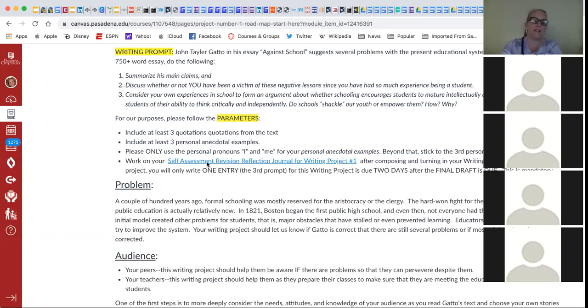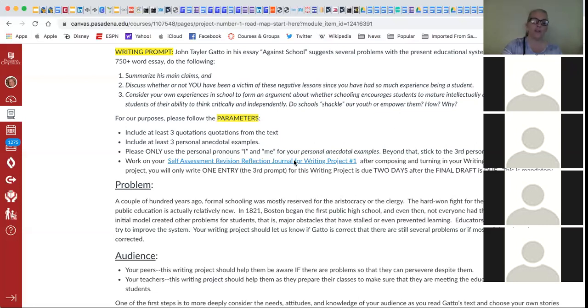And for the self-assessment, revision, reflection journal, when we do process-based writing, which is what you're going to do in the next writing project, you're going to have four different prompts that you're going to write about for your one piece of writing. And what I want you to do is have a Google Doc that is ongoing. So you have the writing project number 1 reflection, then writing project number 2, and so on and so forth.